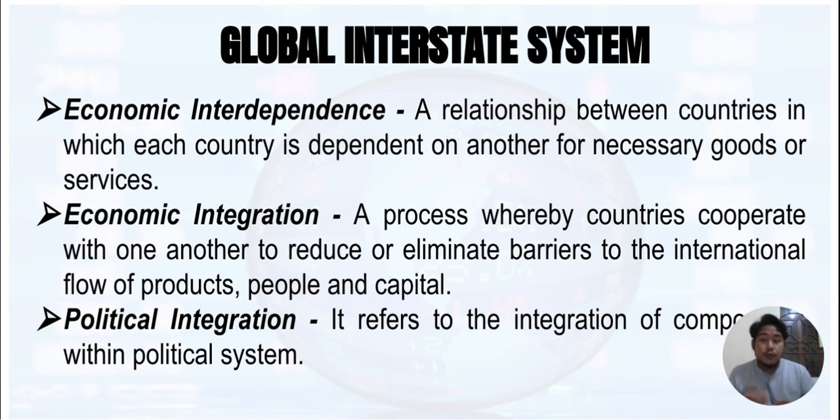So we have economic interdependence, we have economic integration, and we also have political integration. Let's first define what economic interdependence is. Economic interdependence is the relationship between countries in which each country is dependent on another country for necessary goods or services.